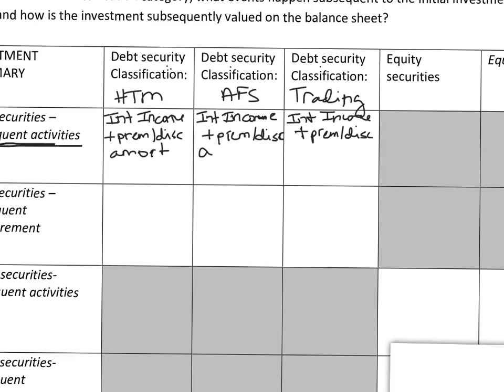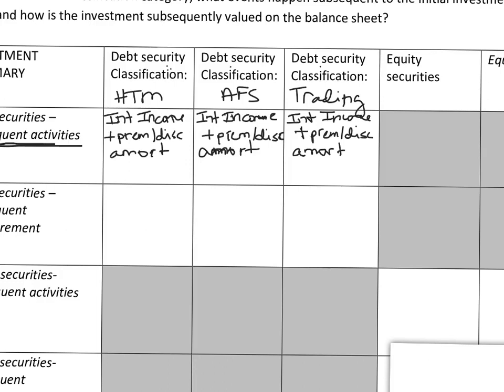All right. So big idea. Each bond, you have to do interest income and premium discount amortization. That's going to happen because we're talking about the identical financial instruments, just that management has made a choice as to whether the classification is held to maturity, available for sale or trading. What then gets added in, wow, this writing is really bad. This says amortization. That's what it's supposed to say.